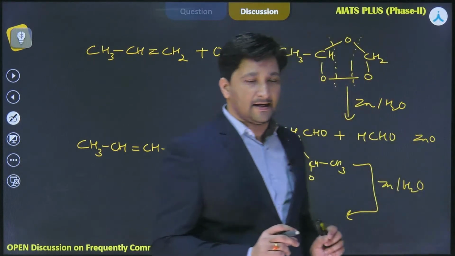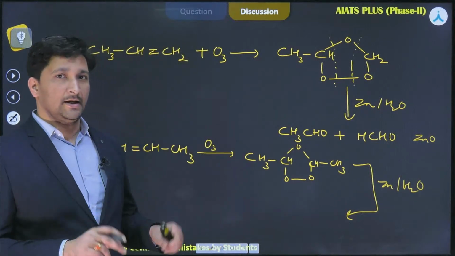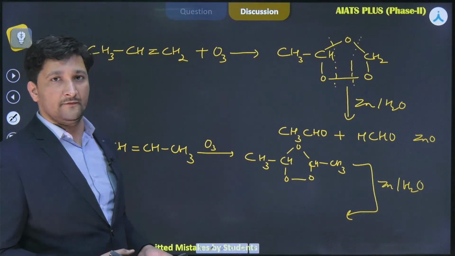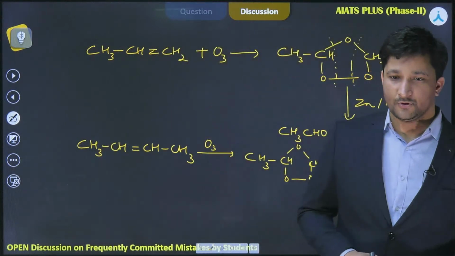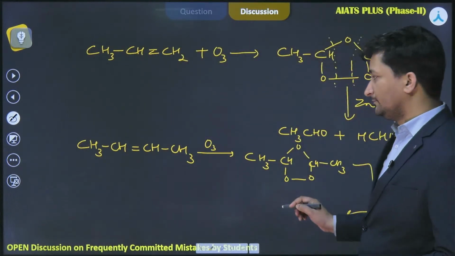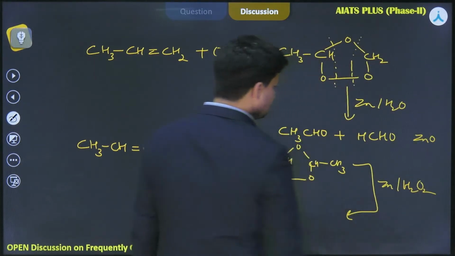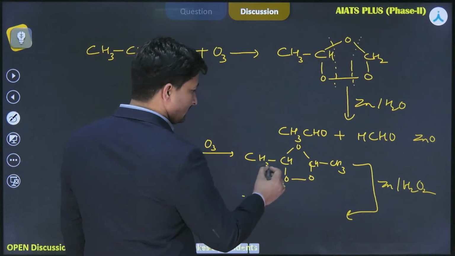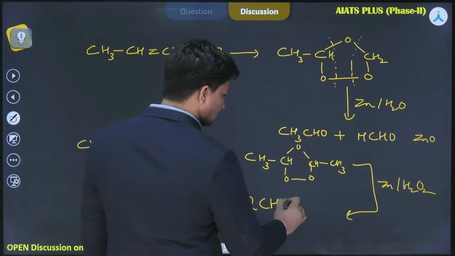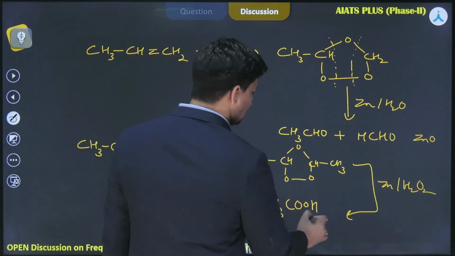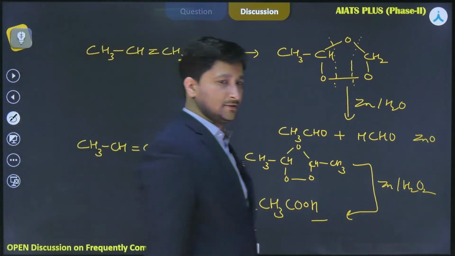Therefore, if an aldehyde is formed as a product of reductive ozonolysis, in oxidative ozonolysis a carboxylic acid will be produced instead. Is this clear? So with Zn H2O2, the final product, instead of the aldehyde, will be 2 molecules of CH3COOH. I hope the difference between reductive and oxidative ozonolysis is clear to all of you.